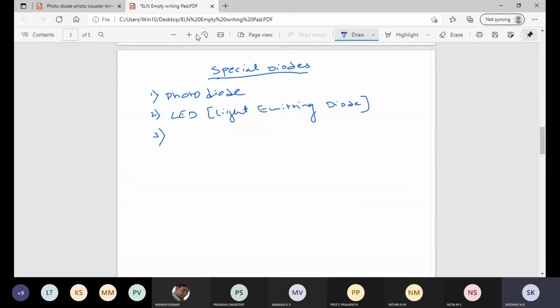And the third one will be a combination of these two, that is photodiode and LED, that is photocoupler. So that is LED plus photodiode. These 3 things we are going to study under the category of special diodes. First we'll start with the first one, that is photodiode.